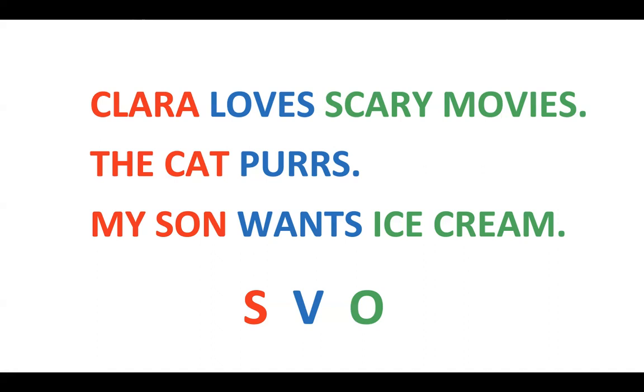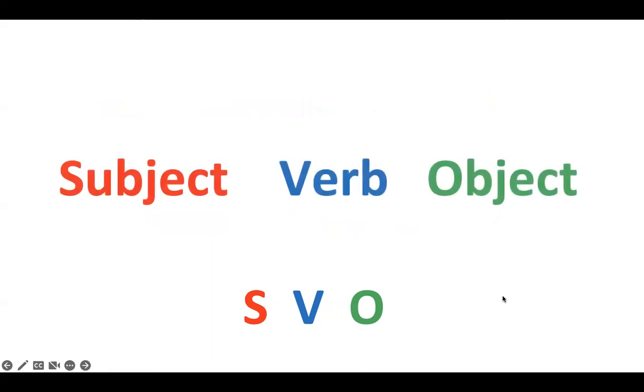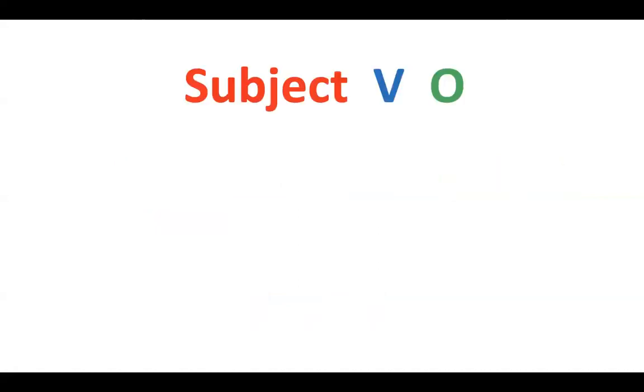Notice that the second sentence doesn't have an object. That's okay. Not every English sentence has one. It depends on what kind of verb you're using. But in general, if you think about subject, verb, and object, it will help you when you're making sentences in English.